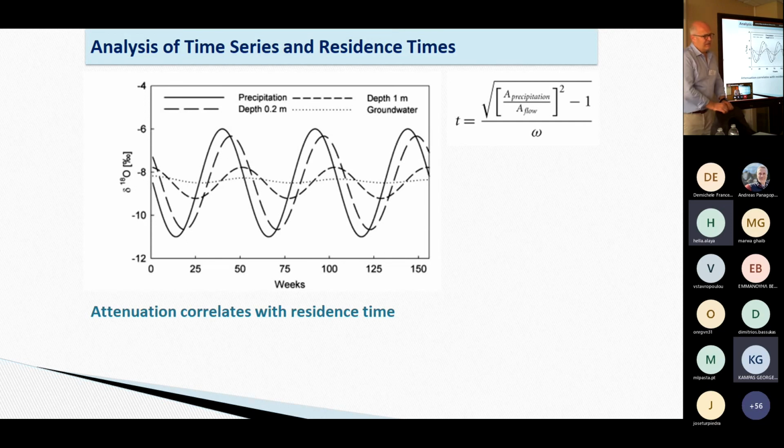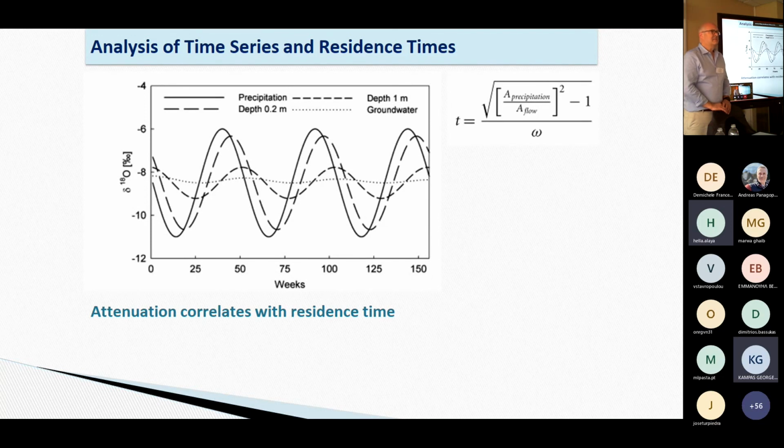If the groundwater is 3 months, 6 months old, you can directly read the shift in the sinus curve from your observations. So this works quite nicely. It works in mountain areas and in areas where you have a highly active, highly permeable system.